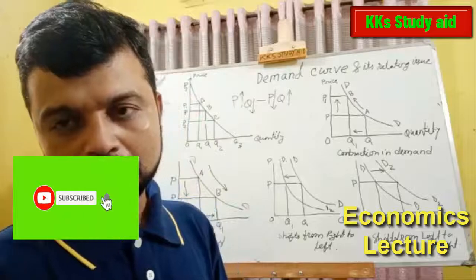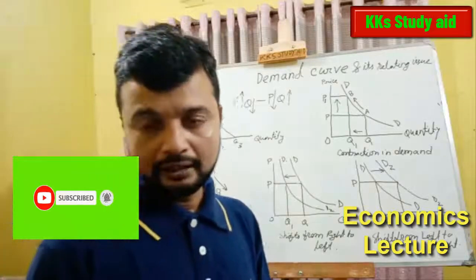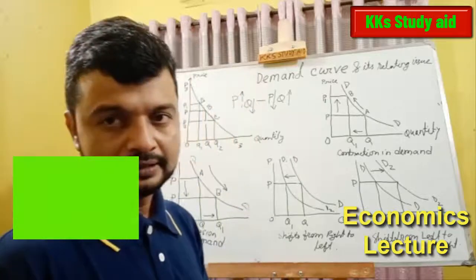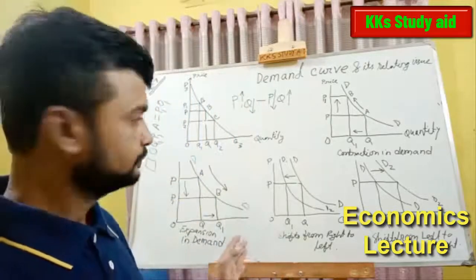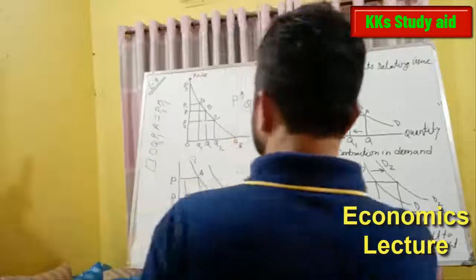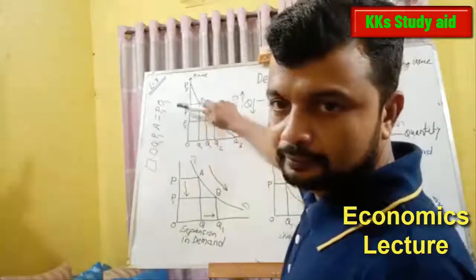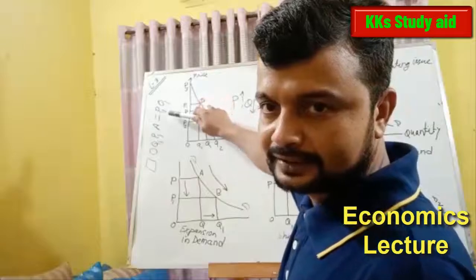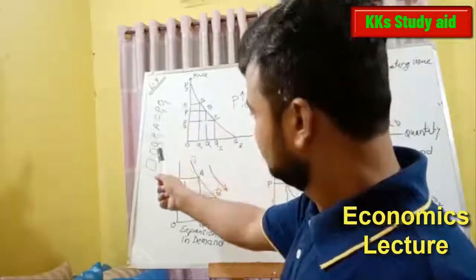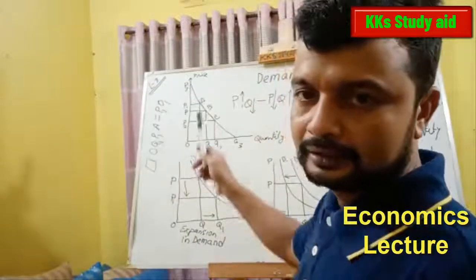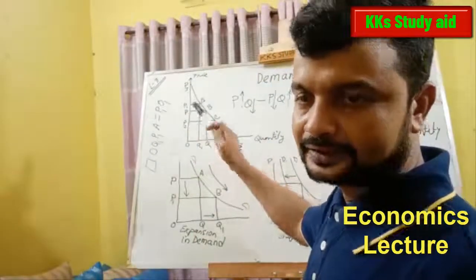How? Very simple. When we plot the information on a graph with price on the vertical axis and quantity on the horizontal axis, we get the demand curve like this.